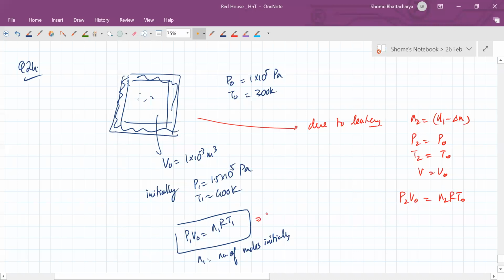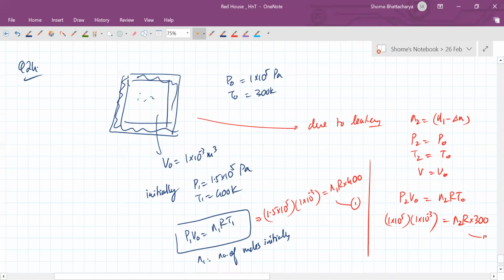So this is telling us that 1.5 atmospheres into 1 liter is equal to N1 R into 400. And now this is telling us that 1 into 10 raised power 5 pascals in that 1 liter space is accommodating N2 molecules at a temperature of 300.